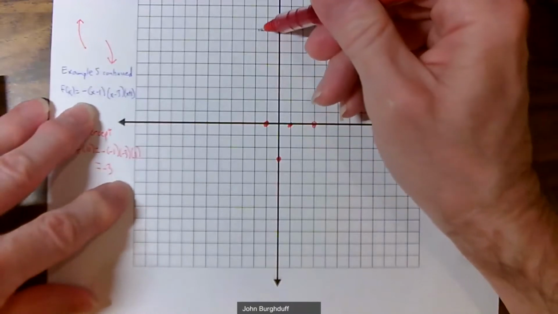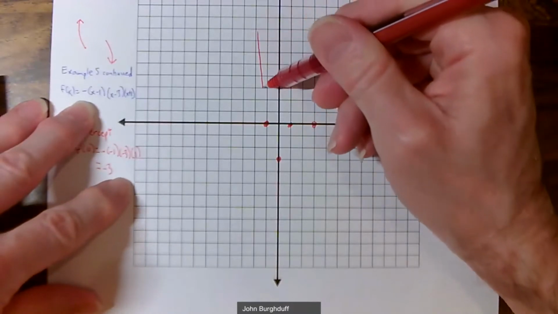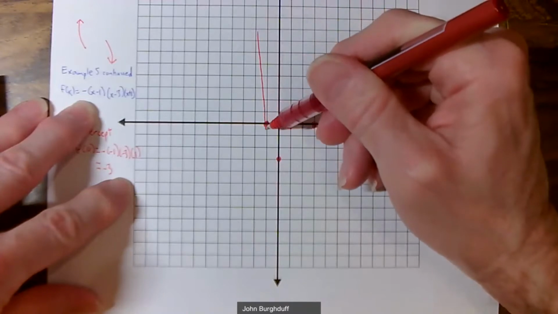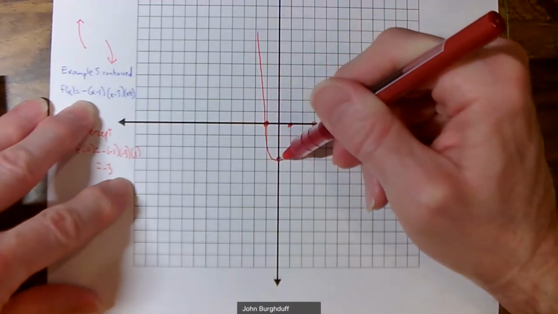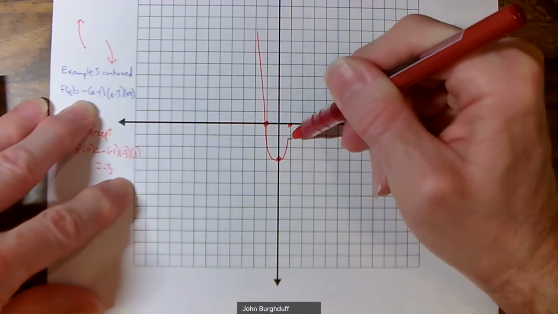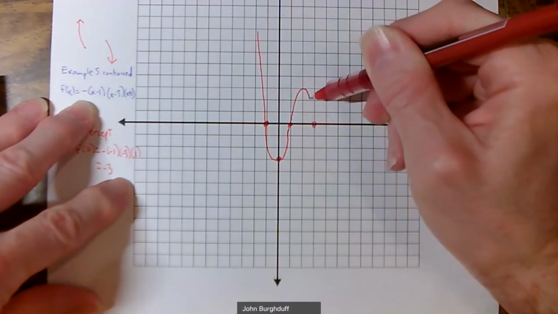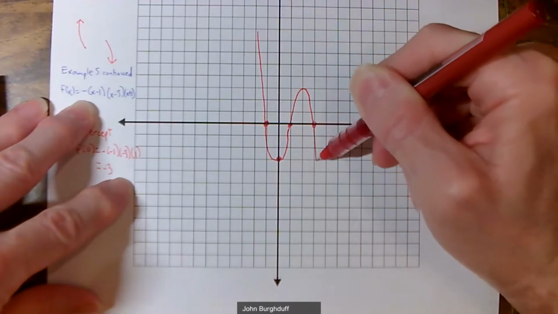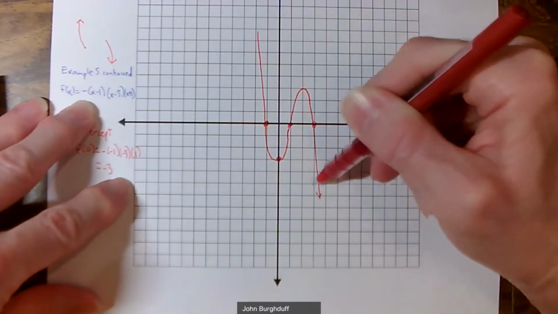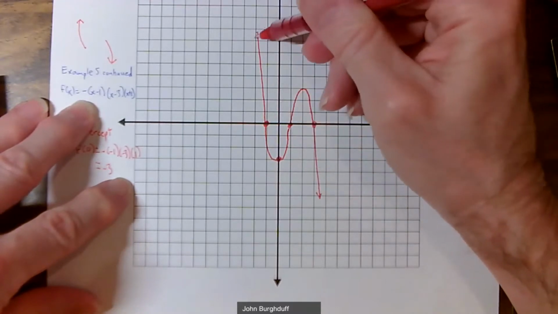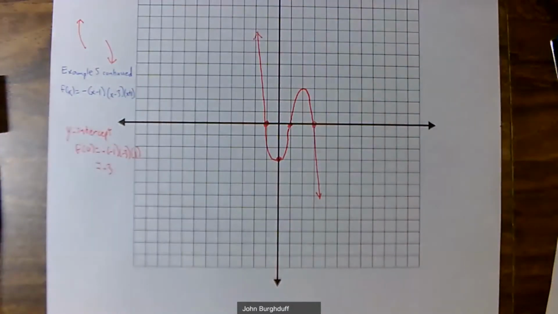So it'll be something along the lines of this, coming down through the axis, turning around, going back up through the axis, turning around, going back through the axis, and continuing on. And that is roughly the shape that we have.